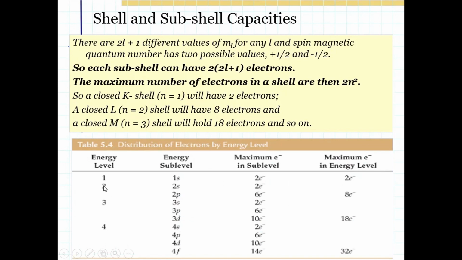The first excited state will have 8 electrons at the most, and 18 electrons are there for n equal to 3, and for n equal to 4, the third excited state will have 32 electrons. We can write down the distribution in terms of 4s, 4p, 4d, and 4f. This is how the subshell capacity is filled, and we must remember that the Pauli exclusion principle is obeyed, and any transition which takes place will obey the selection rule.